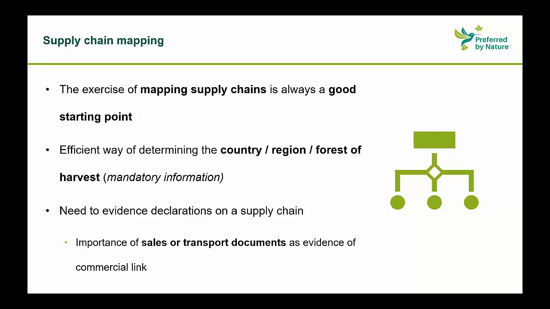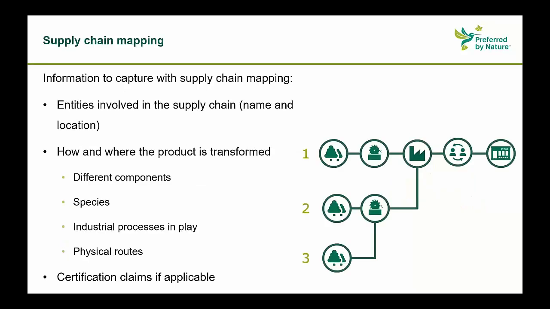So asking for trade and transport documents might not be directly linked to a risk of illegality. It might be necessary to confirm a supply chain map to comply with the regulation requirements. Other information can be gathered while doing this exercise of supply chain mapping.